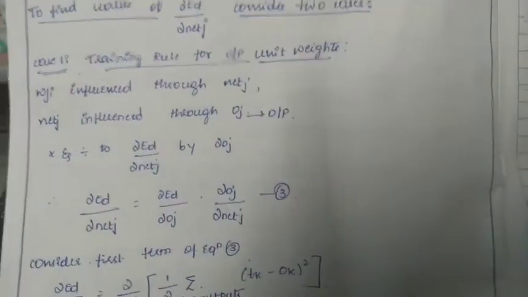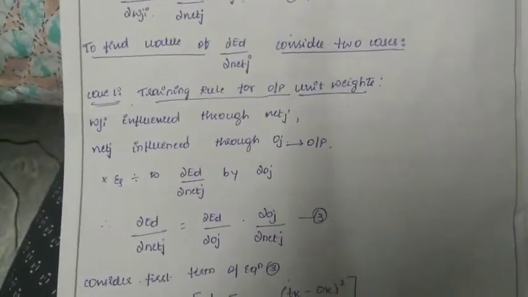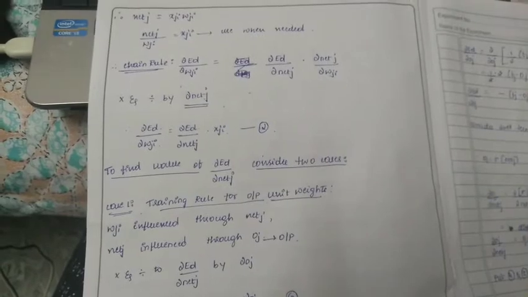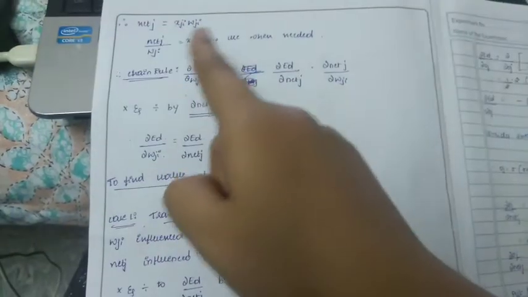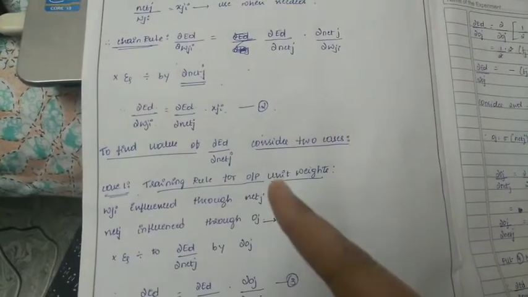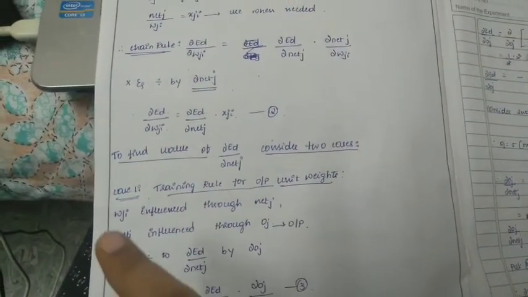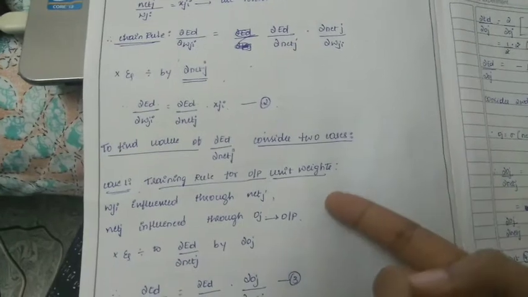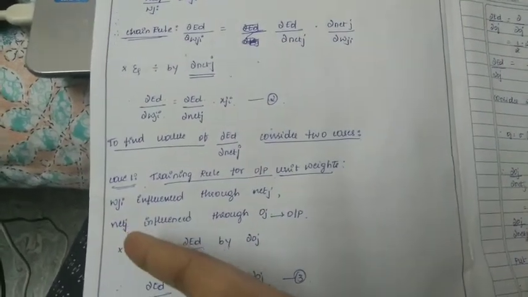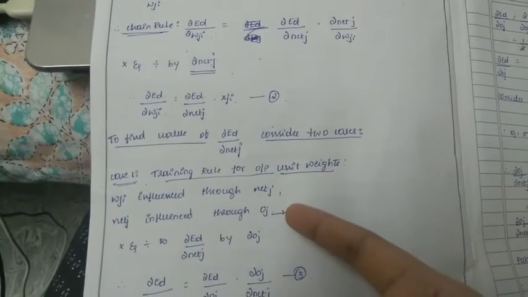So in the first case of the derivation, we know that w_ji is influenced by net_j, because net_j is equal to x_ji into w_ji. So we multiply the input and the weight. Net_j in turn influences the output, because we perform the sigmoid function of net_j. So net_j influences the output.